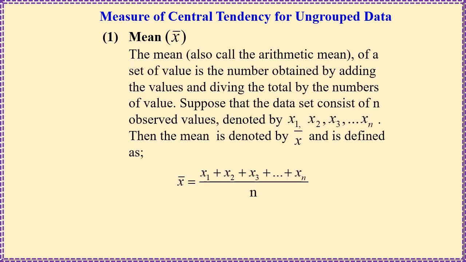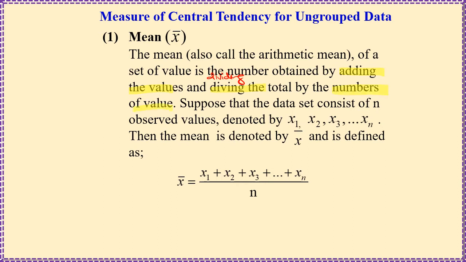Measure of central tendency for ungrouped data. The mean, represented by x bar and also called the arithmetic mean of a set of values, is a number obtained by adding the values and dividing the total by the number of values.